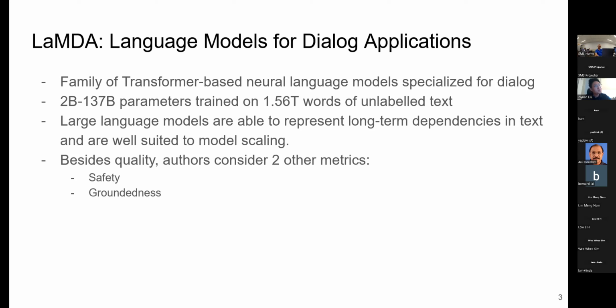Now, why use a large language model in dialogue? They are able to represent long-term dependencies in text, and they're well suited for model scaling. But of course, you have various considerations when you want to build a dialogue system, and one of them is naturally quality.